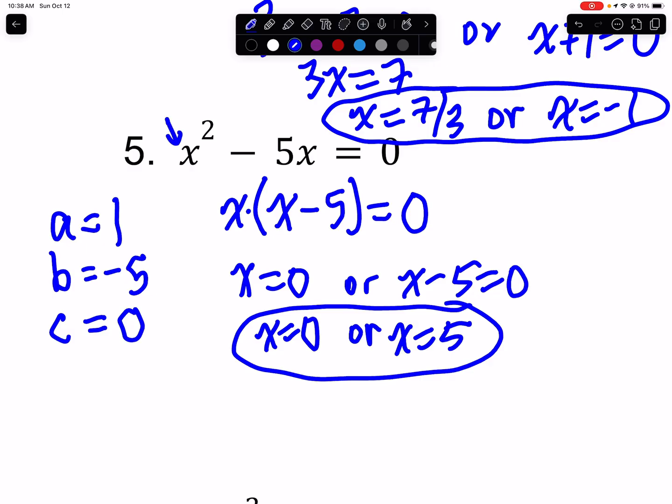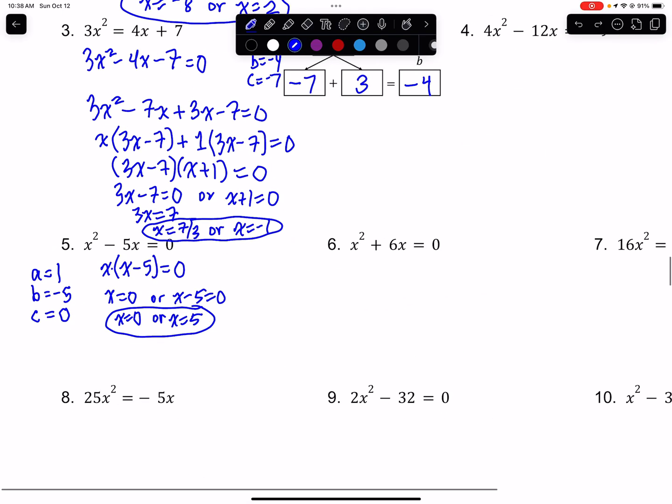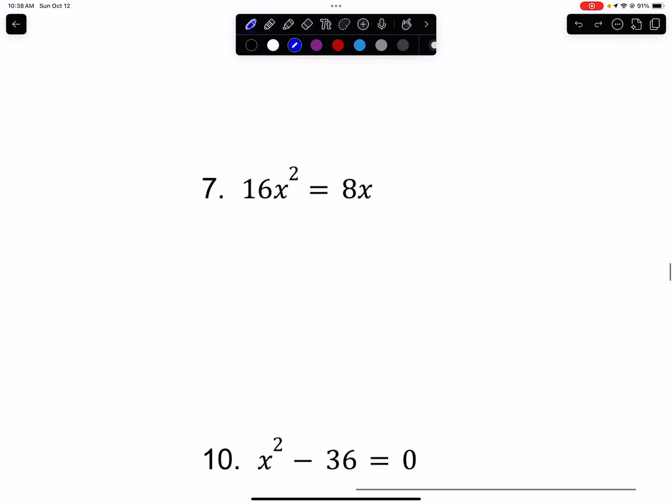If you plug in 0, you get 0 minus 0. And if you plug in 5, you get 25 minus 25. Let's try that again. So you have to set it equal to 0 to start. That's the step for all of them. So you can at least see what you have. Okay.